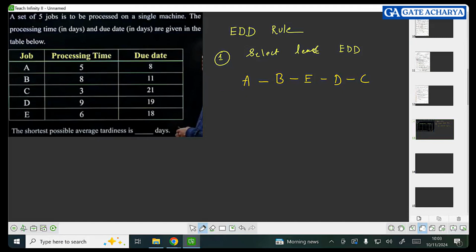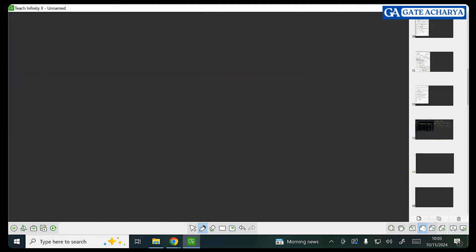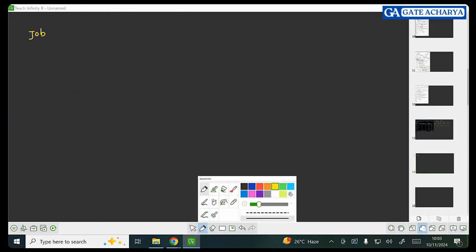Okay, now you just take that table. Whatever the job sequence, the job and its processing time, the due date, and here lateness. So for that lateness, what do we require? We require flow time. Based on your requirement, you are supposed to do that.